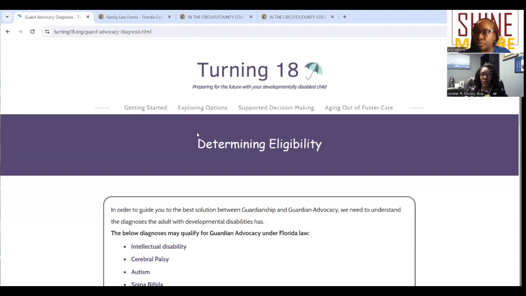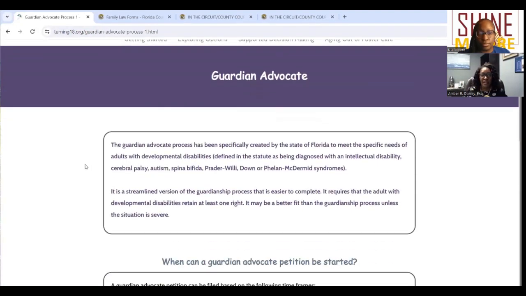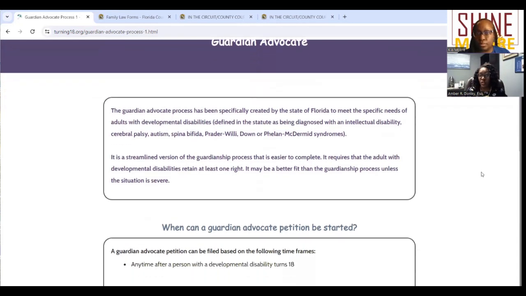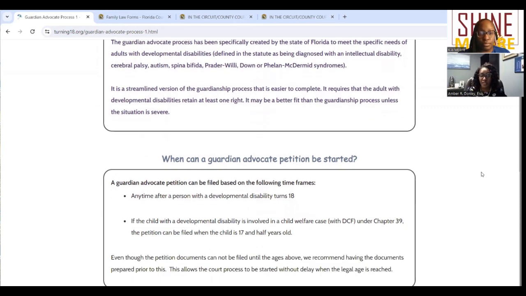I would say this website, we really just scratched the surface. Definitely take a deep dive into turning 18, to go through the different information. And as you see, it gives you information, and then it gives you different buttons you can click on depending on where you think you need to go. And as I mentioned, if you find out that, hey, I need to do the guardian advocate, it will take you to a page where it has all the forms that you would need to complete, and the ability to complete them and be able to file them with the court along with that application of civil indigent status, which I think is incredible.